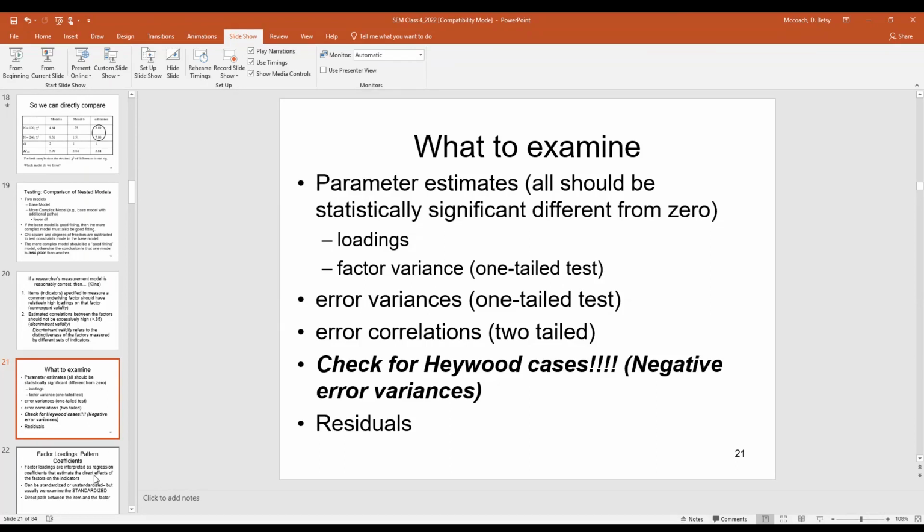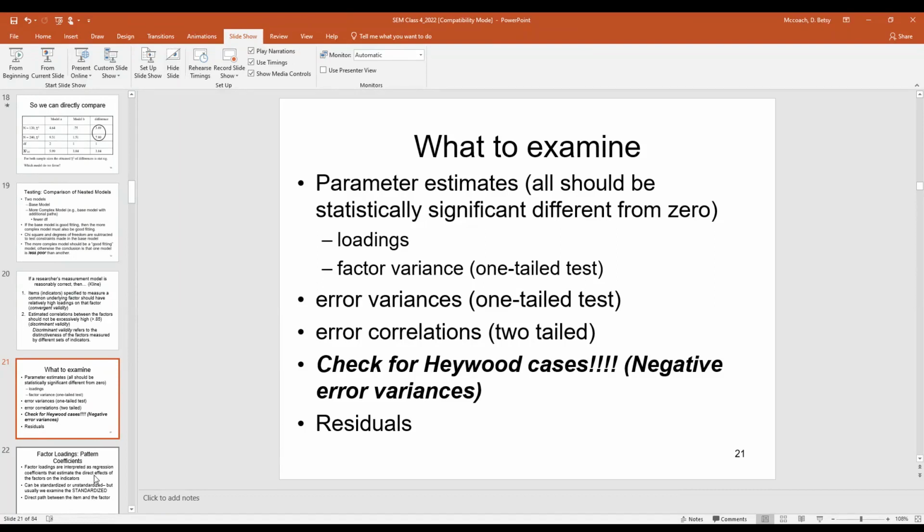Yeah, exactly. Although you will see that they can be negative in SEM, but we don't want them to be. So we think of variances as always being positive, right? Or I suppose 0 is your lower bound. So when you test variances, you generally use a one-tailed test, or sometimes people use chi-square, because remember, we talked about how chi-square is actually bounded by 0 in a prior class.